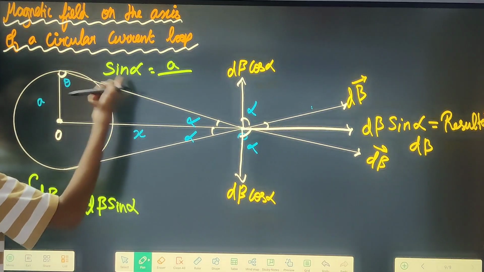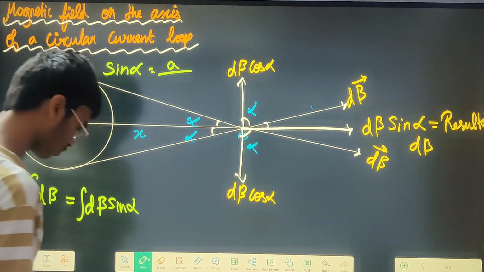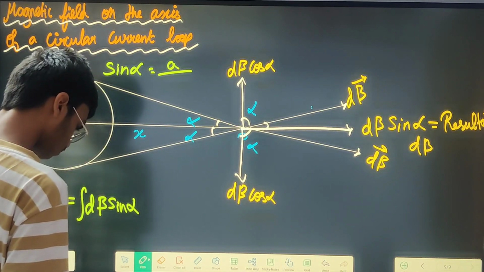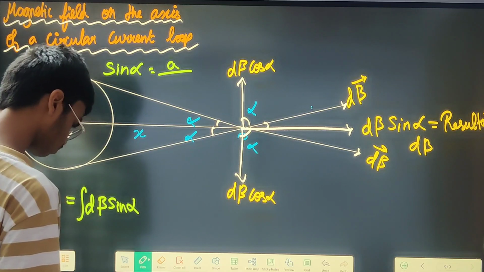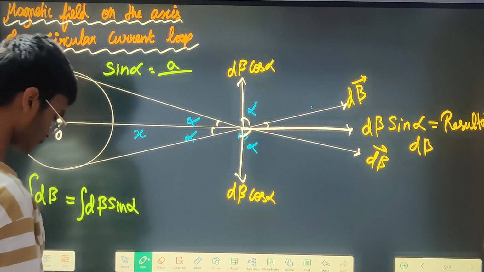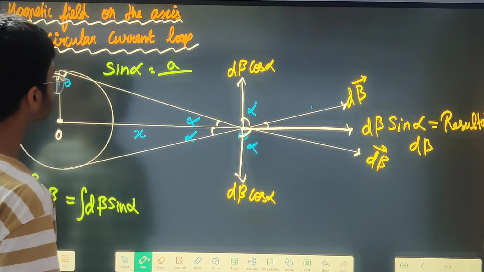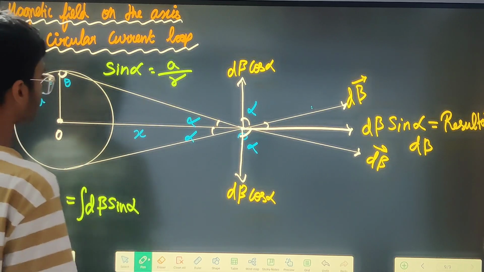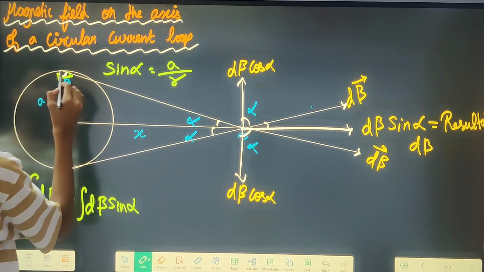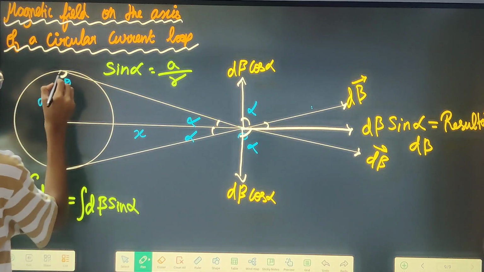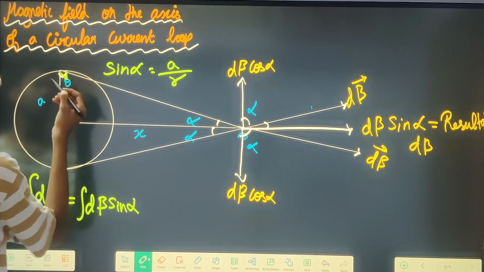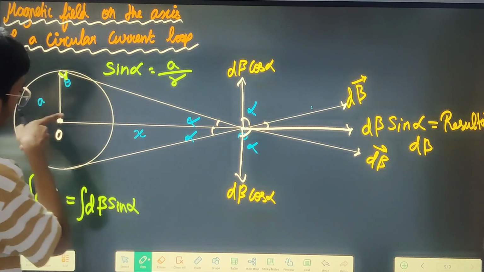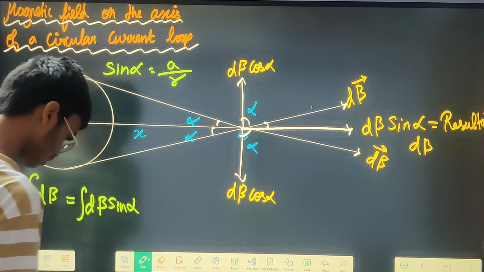This is A, this is what the perpendicular is.